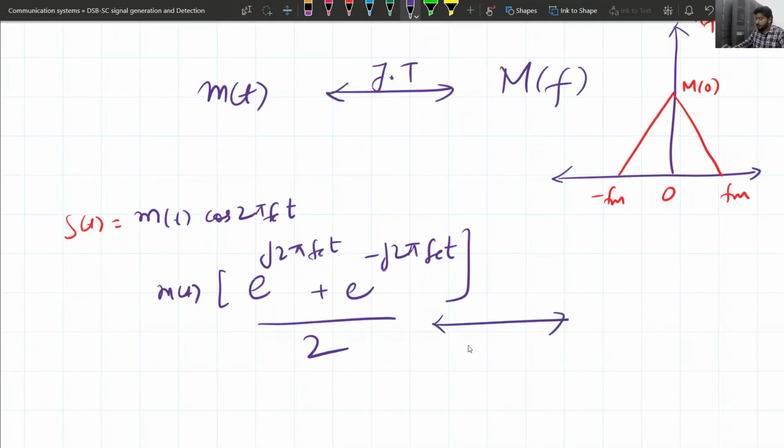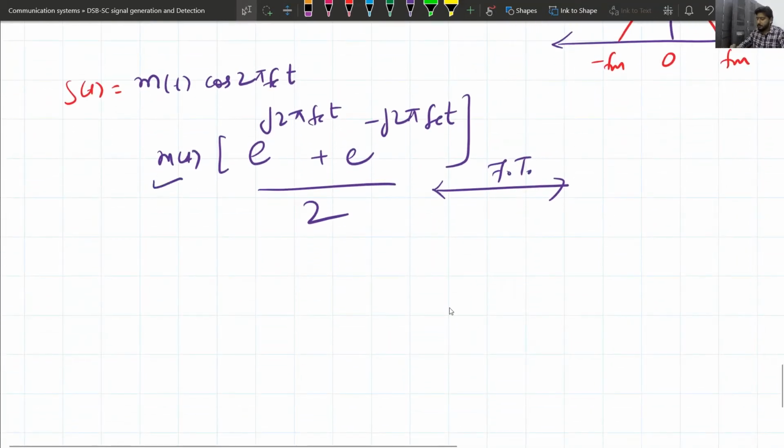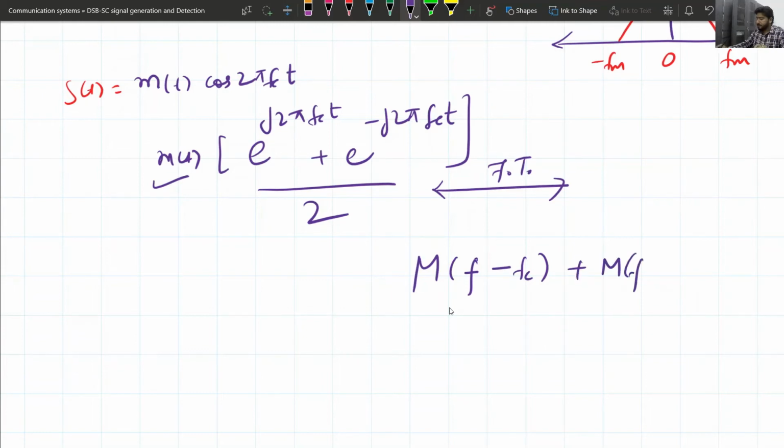So in the frequency domain, because the signal is multiplied by a complex exponential term, we will observe frequency shifting, and it will be given as 1 by 2 times M(f minus fc) plus M(f plus fc).